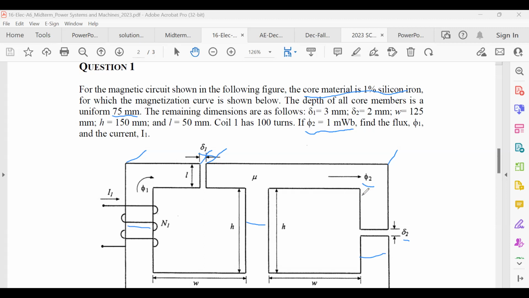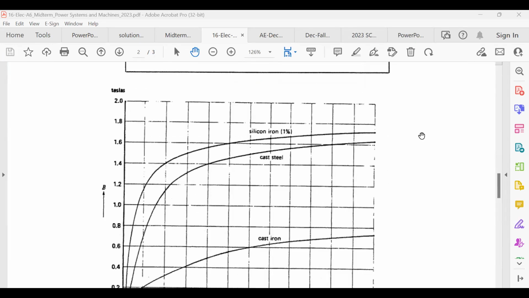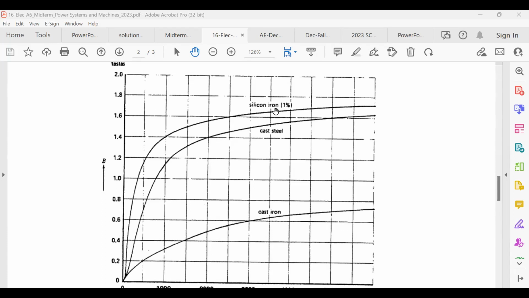It asks for two things. The first is the flux Phi1. The second is to calculate the current I1. Let's look at the B-H curve. They said it's silicon iron 1%, so it's the one on the top.